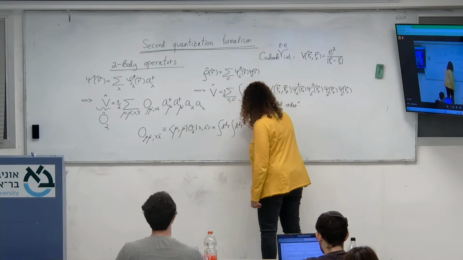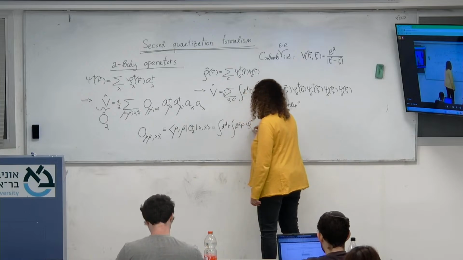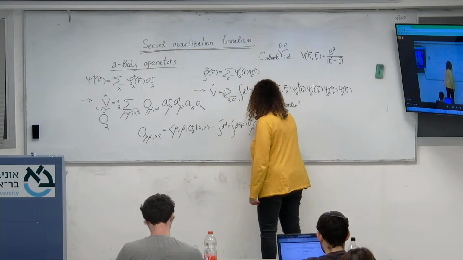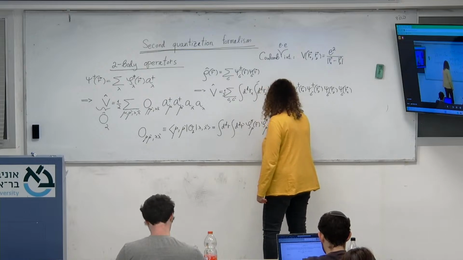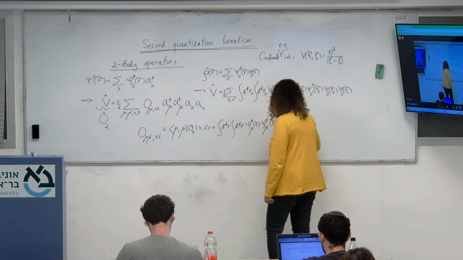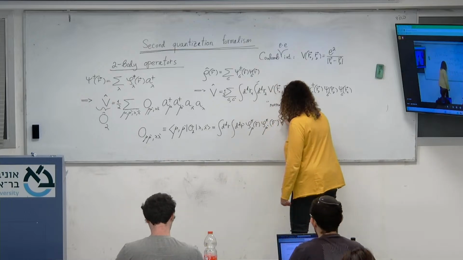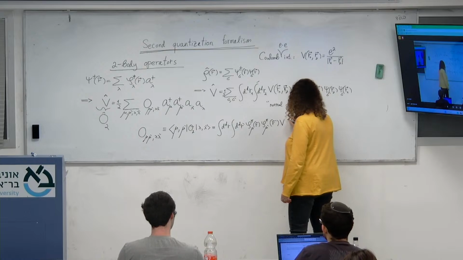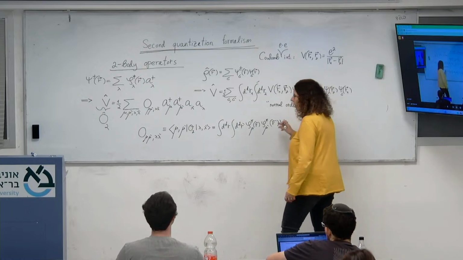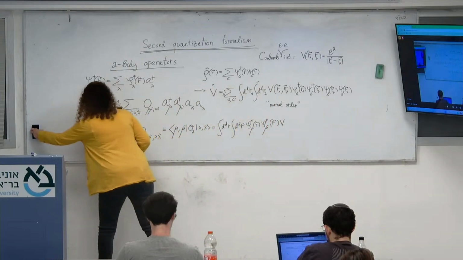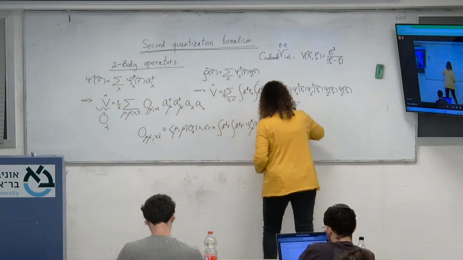let me write it like this. So it's phi mu r, phi star mu prime r prime, v of, or if you like, O, let me just call it O2, not V. I want to be very general.